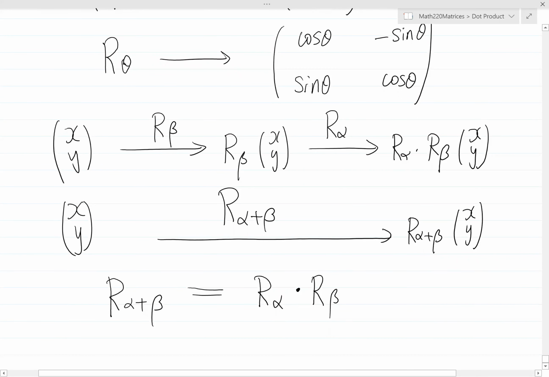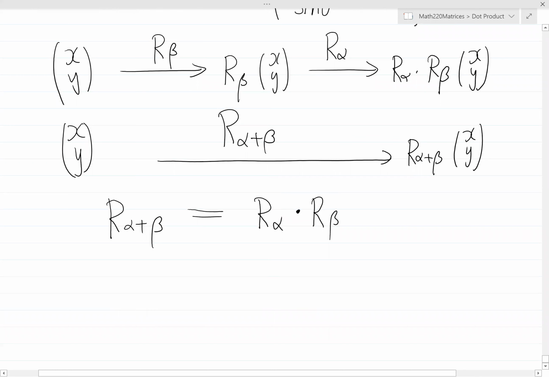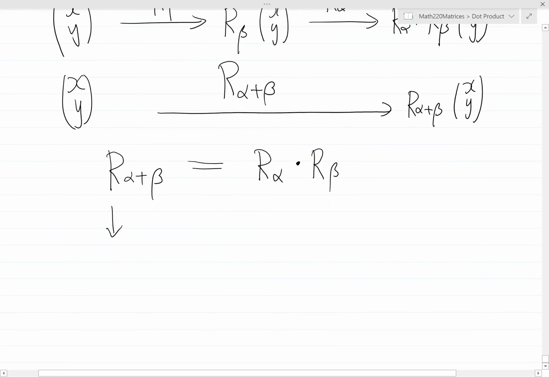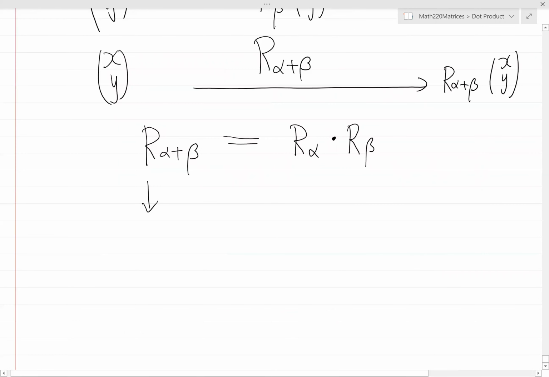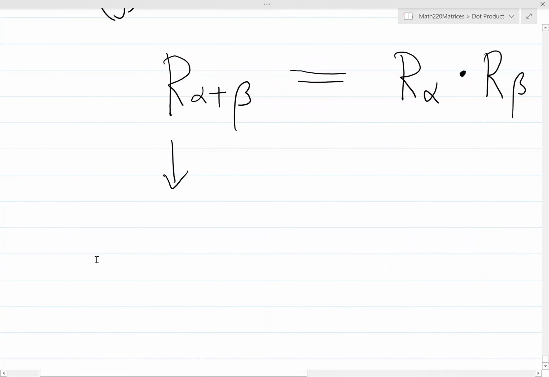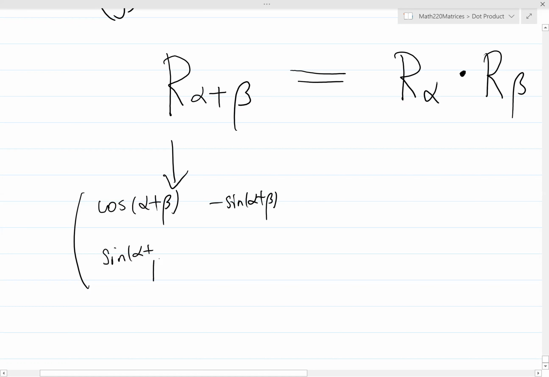Okay. Now, if you do this according to the composition rule for matrices, on the left side, we already know what this rotation looks like. It will be cosine alpha plus beta, negative sine alpha plus beta, sine alpha plus beta, cosine alpha plus beta.